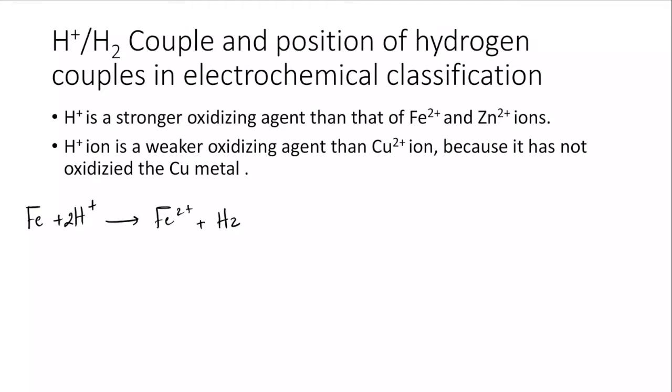In the second one, we have Zn plus 2H plus gives us Zn2 plus and H2. Now the third reaction, why I told you that hydrogen H plus is not always the case. It doesn't always act as an oxidizing agent with metals. We will see that because with Cu plus 2H plus, we have no reaction.